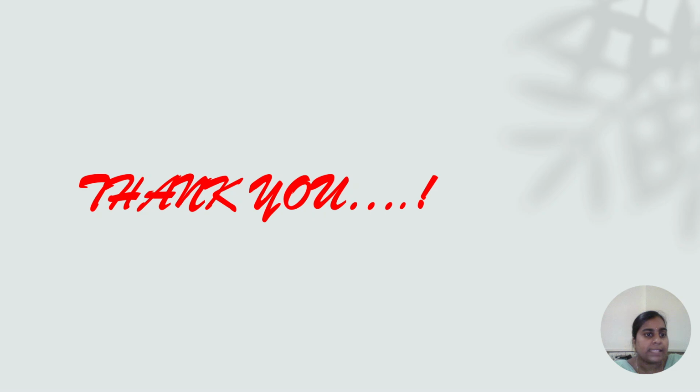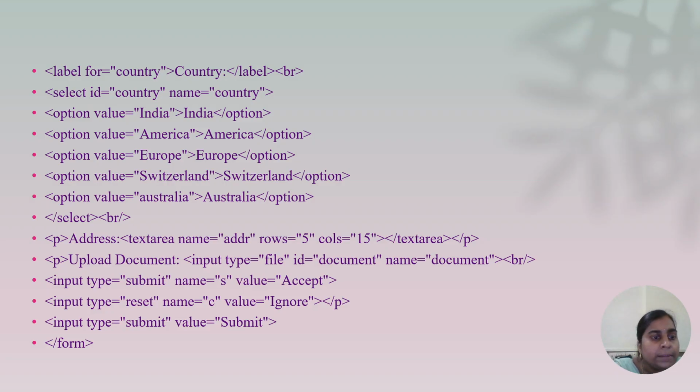Here I am taking the select tag, the select ID is country, the name is country, the option value is India, another option value is America, another is Europe, another is Switzerland, and another is Australia. So I can select one option from these 5 options.